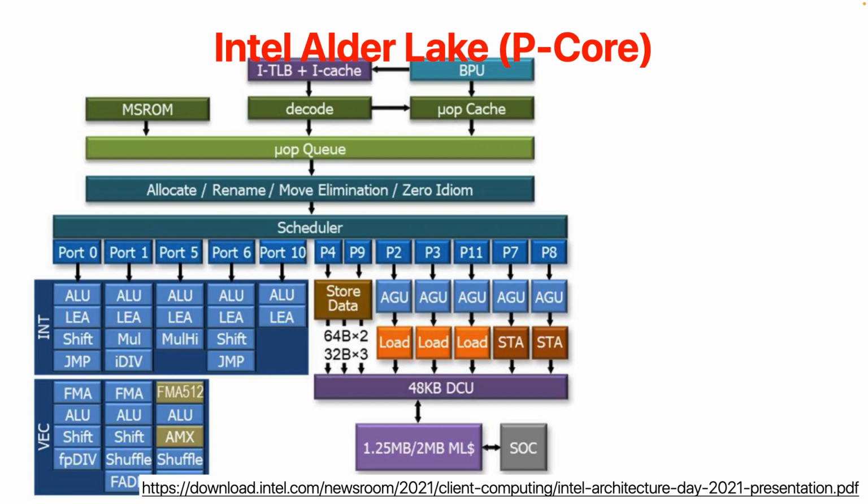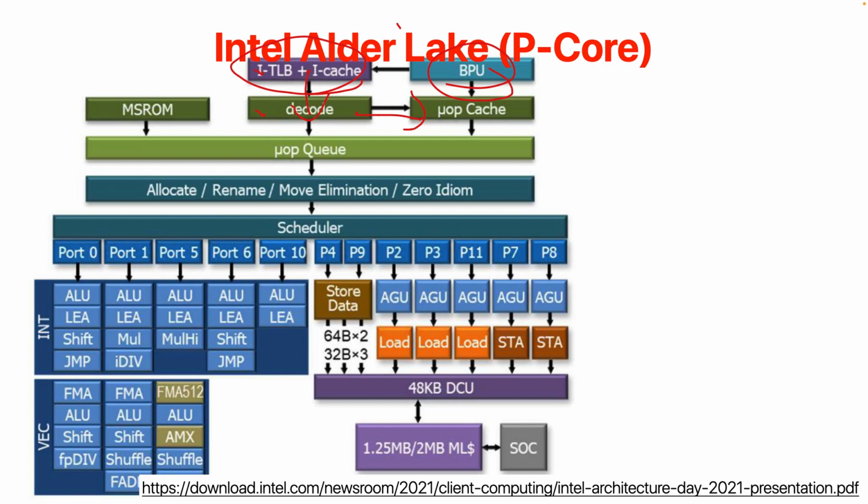So now you understand a lot of stuff here, right? First of all, the BPU here is the branch prediction unit. Based on the branch prediction unit, I would access my instruction cache. And those instructions will be decoded, right? So this is pretty much like instruction fetch. This is the decode. And here, there is a micro op cache.